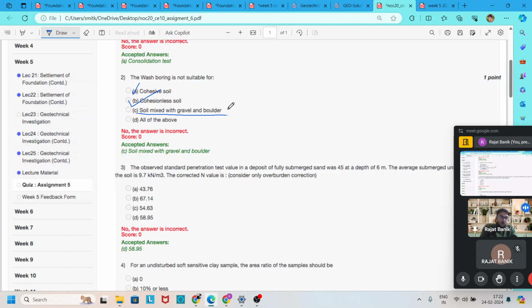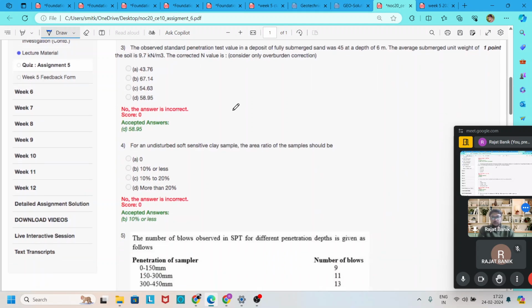If the surface of the soil is hard, then there is no meaning of applying high pressure water. So if the soil is mixed with gravel and boulder, it is difficult for the wash boring technique. So our correct option is option C.